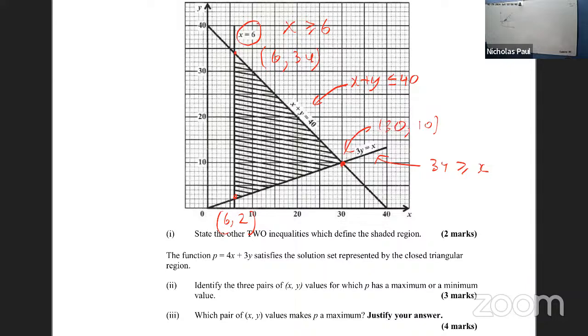Remember, every small stroke here is 1. Everybody got the values? What's the next step? The next step is to see which one will give you a maximum. P is equal to 4x plus 3y. For those that didn't do all, do it fast.